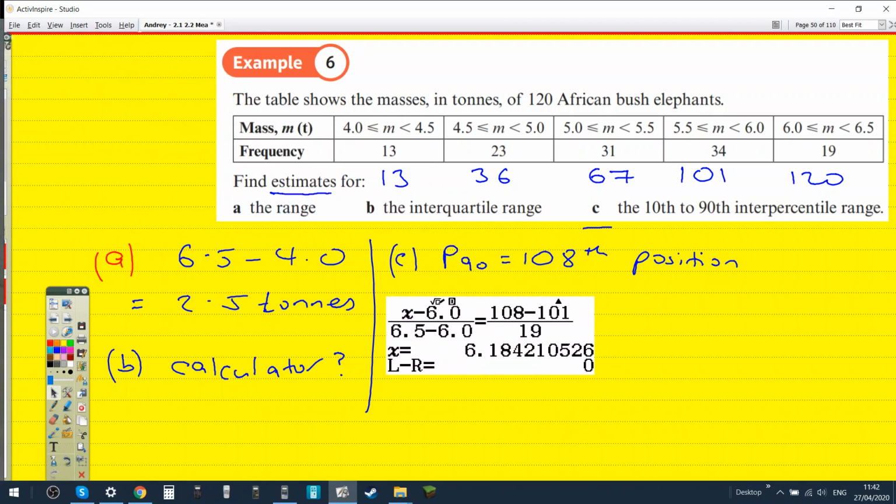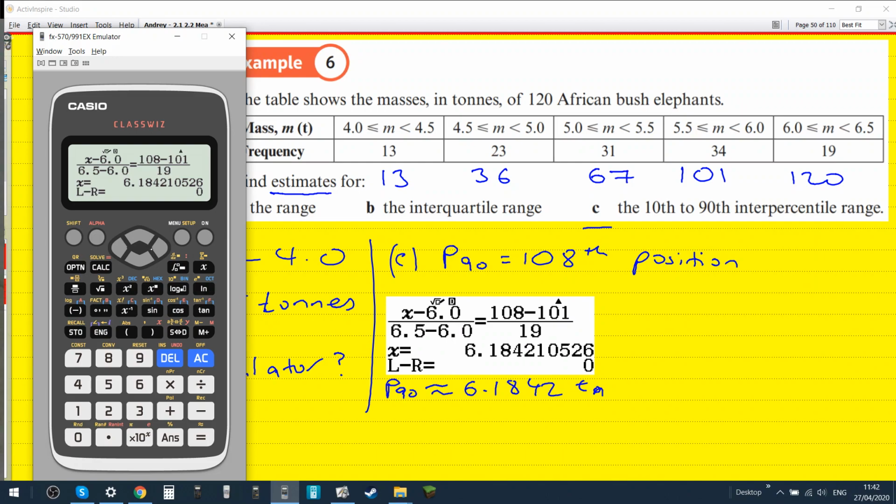Is that full marks? Do you think it's going to the 10th or no? Yep. And then do I need to do 120 times 0.1? Yep. So that'll be 12. Yep.